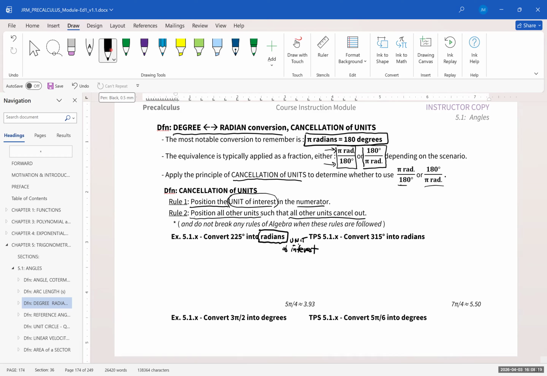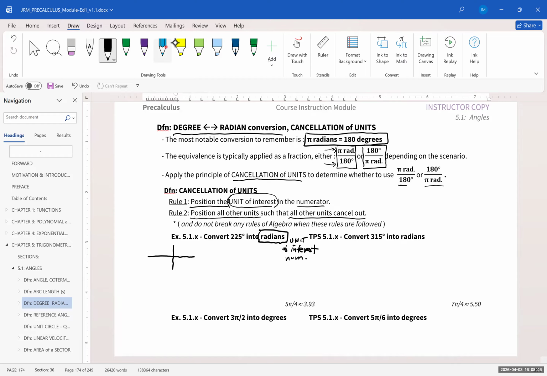We want to make sure that this unit of interest, radians, is in the numerator. So what equivalence, what numerical fact do we have at our disposal which has radians in the numerator?